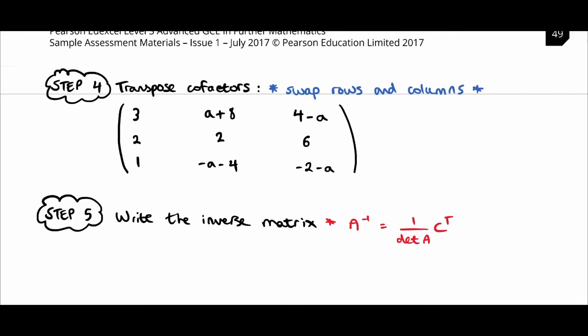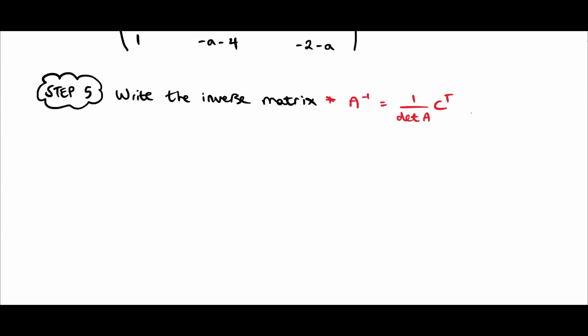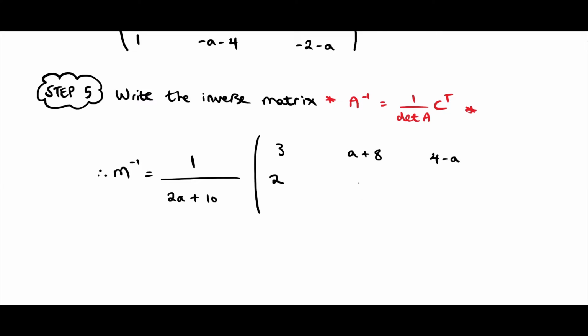So knowing all those, we can therefore conclude that the inverse of the matrix A is equal to 1 over the determinant of A, which was 2A plus 10, lots of our matrix 3, A plus 8, 4 minus A, 2, 2, 6, 1, minus A, minus 4, minus 2, minus A. Okay, so a lot of work done there.